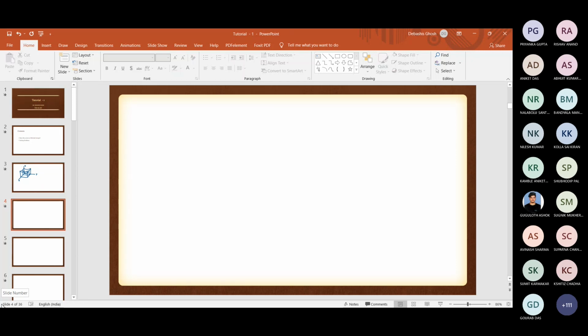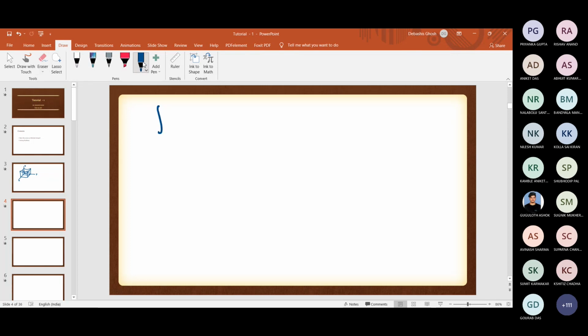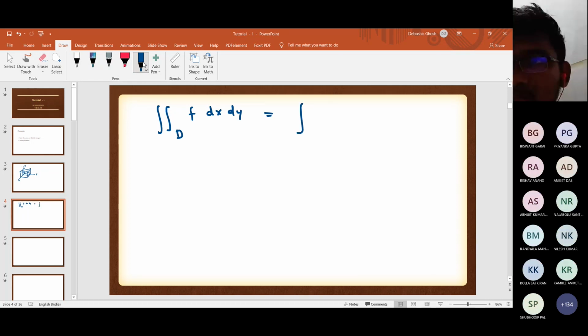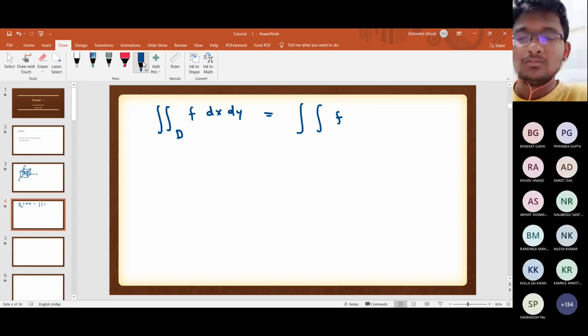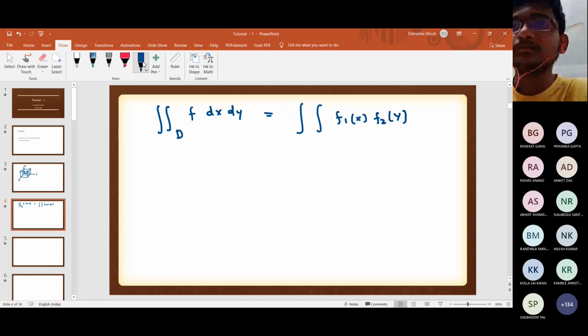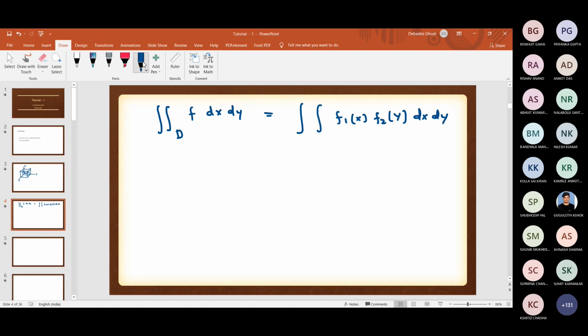If you can separate it, then you can find that integration. For example, if you have the integration of f dx dy, and we can write it separately as the integration of f1(x) and f2(y), with dx and dy, and we have separate constant limits a to b and c to d, then we have the integration a to b of f1 dx, and we can compute the integration c to d of f2 dy.